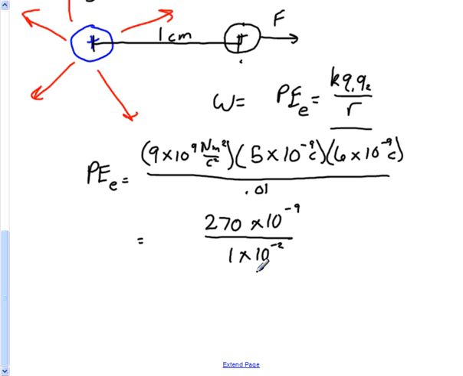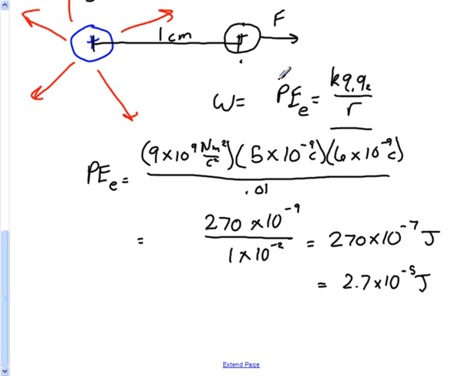Okay, and we know that with exponents, we can say that this is 270 times 10 to the negative 7 joules. We can make it look even prettier. We can say it's 2.7 times 10 to the negative fifth joules, if you want to put it in actual scientific notation. So this is how much electric potential energy is right here in this configuration.